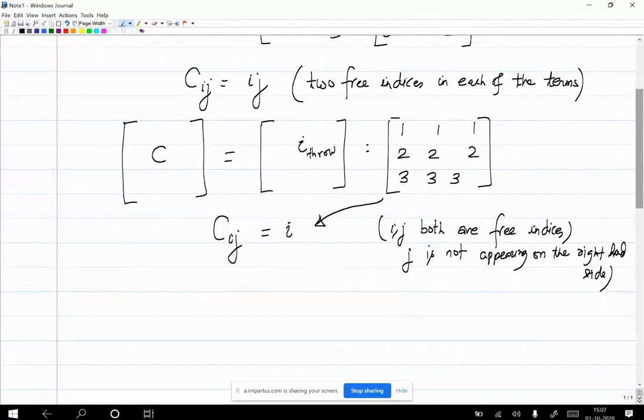Also, you see, wherever you have, for example, this I and this I, this I denotes the same index, isn't it? So if you want to change this I, you have to change it everywhere. So you can make it Ckj equal to K. This is fine. But if you change it only at one location, let us say you say Ckj is equal to I, then this becomes wrong.